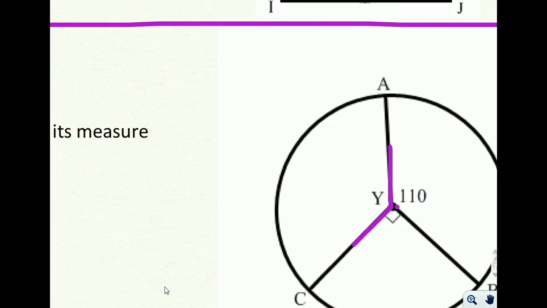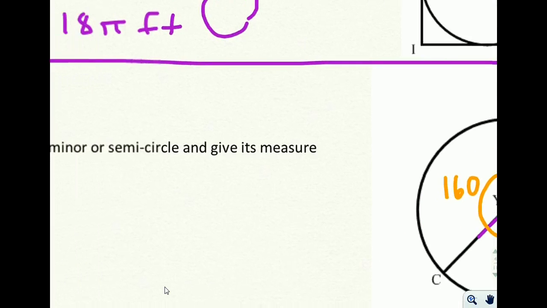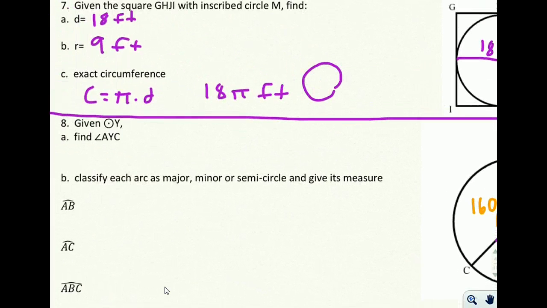One thing we know about any angle that goes all the way around in this way is that we have a total of 360 degrees to work with. Now if we subtract away the 90 and we subtract away the 110, together those are 200, that leaves us with only 160 degrees remaining. So the measure of AYC is 160 degrees.